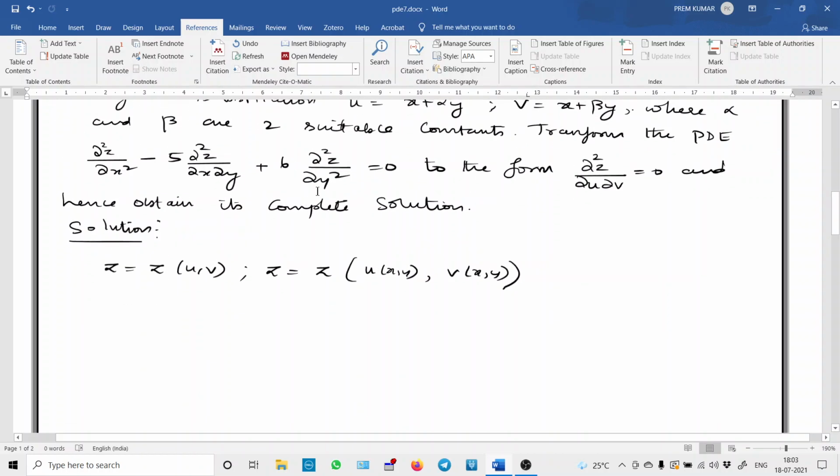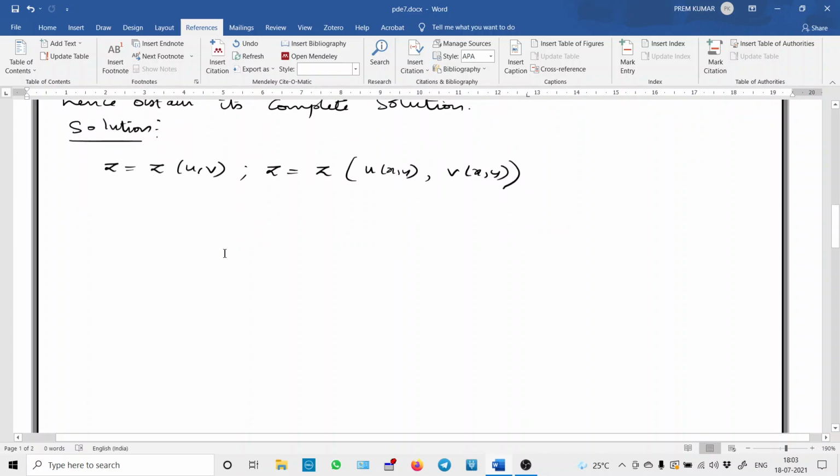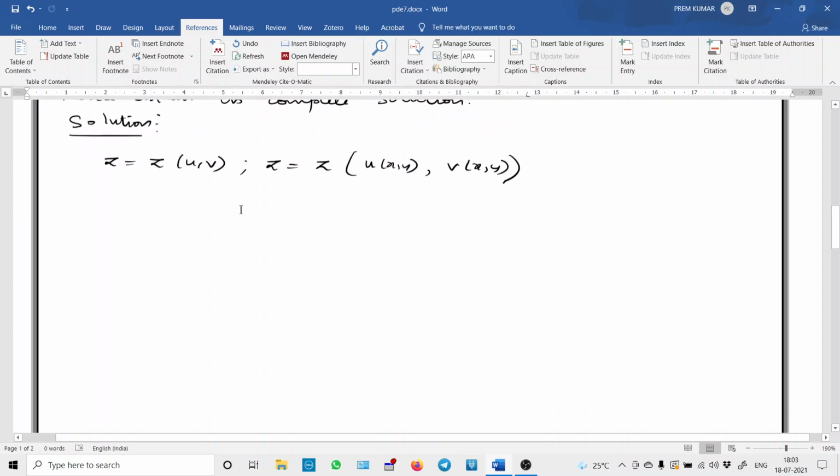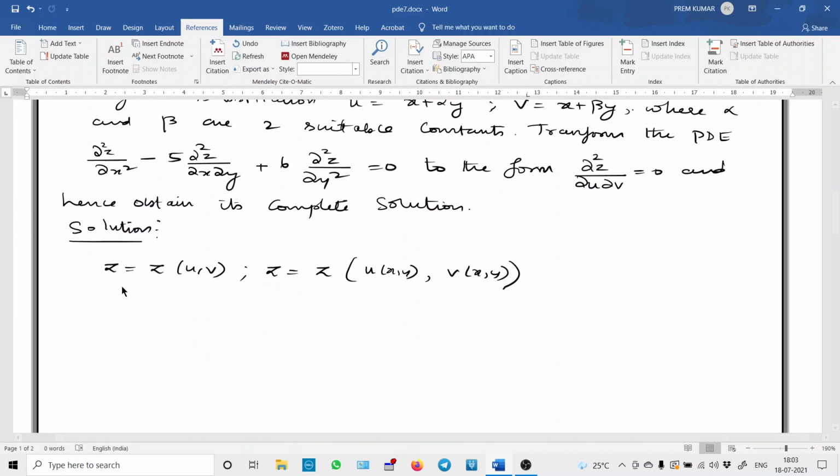Now we are going to find ∂²z/∂x², ∂²z/∂x∂y, ∂²z/∂y² in terms of u and v. You have to be very careful that z is a function of u and v, in turn u and v are functions of x and y, so that we can find those partial derivatives respectively.